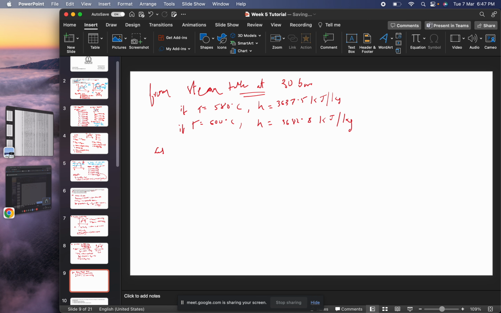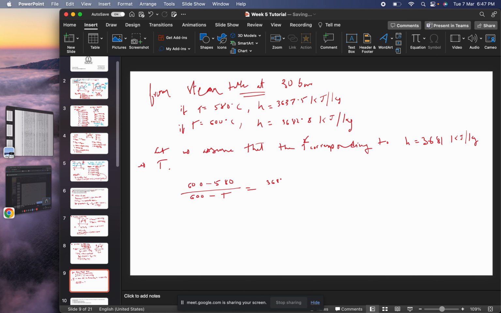Let us assume that the temperature corresponding to H equals 3681 kilojoule per kg is T. Then we get (600 minus 580) divided by (600 minus T) equals (3682.8 minus 3637.5) divided by (3682.8 minus 3681).